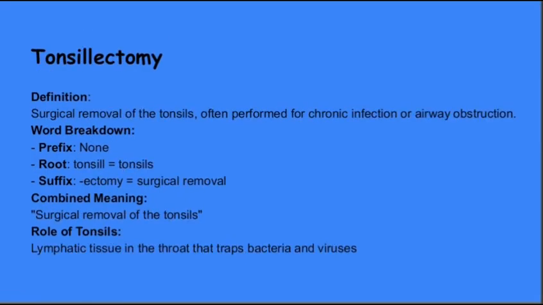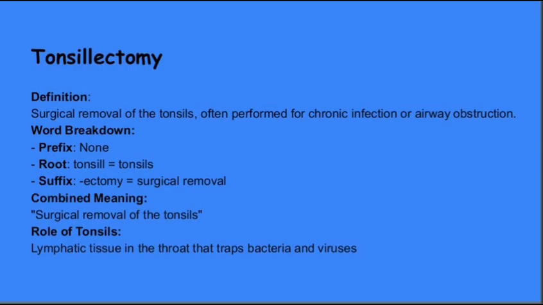The fourth and final term is tonsillectomy. This is the surgical removal of tonsils. It's commonly done in children and adults who have repeated throat infections. Let's break it down. There is no prefix. The root tonsil means tonsils, and the suffix ectomy means surgical removal.